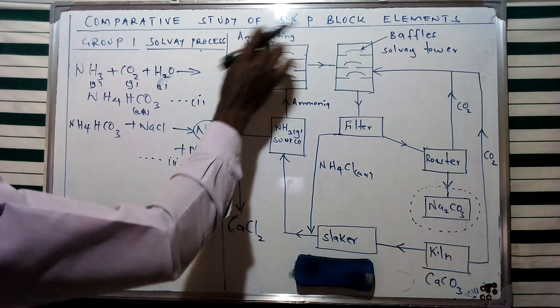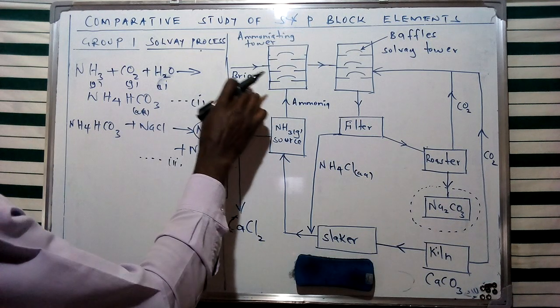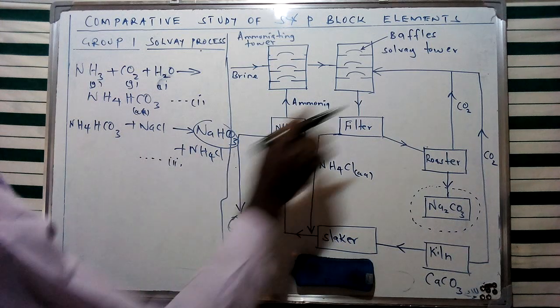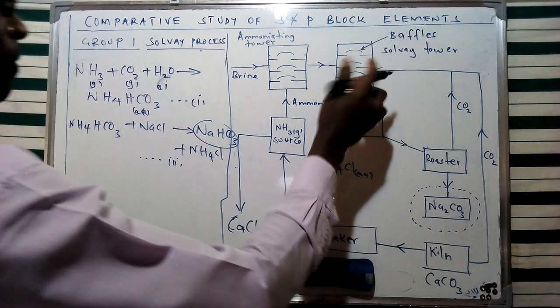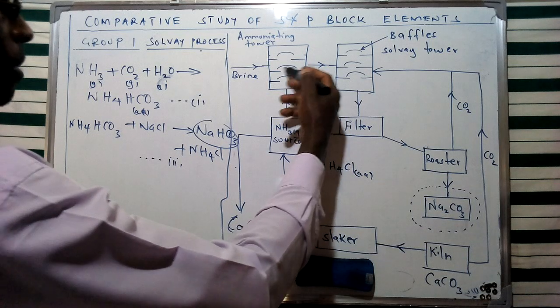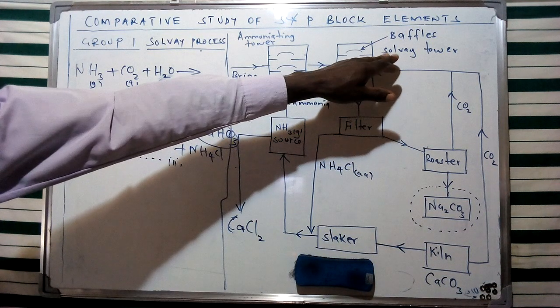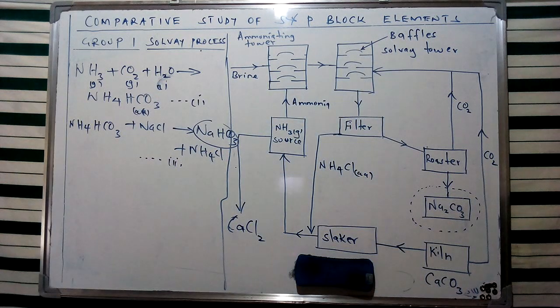So the first one is going to be the ammoniating tower mixing brine and ammonia, and this is going to lead to the formation of this specific product. Now these reactions are going to be taking place on the surface of these bubbles which I've given, and this is going to be referred to as the solvating tower.